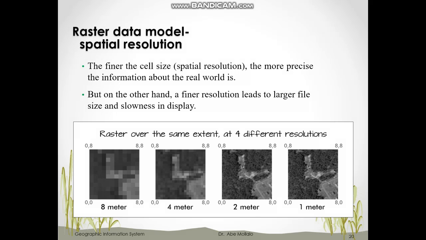A larger cell size like this is also called coarse spatial resolution, meaning that it has low resolution. Notice here we say spatial resolution is 8 meters. We don't say 8 by 8, because resolution is cell size, and we know that the cells are square. So for the sake of simplicity, we only say that it's 8 meters as a spatial resolution.